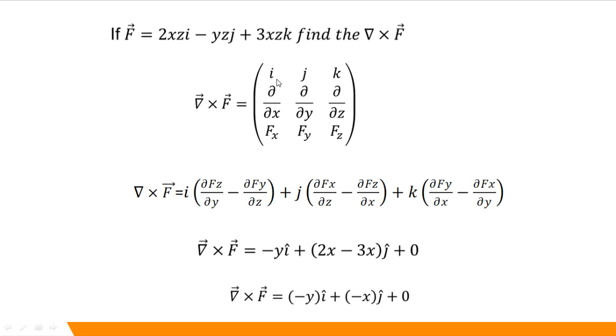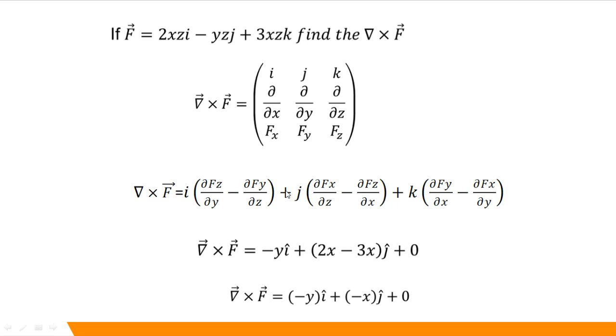So this del cross F, the general equation: i (del F_z by del y minus del F_y by del z). Usually in these matrices you take plus, minus, plus, but I have taken plus here, so I just changed the terms inside. If it is minus, it should come like this: del F_z by del x minus del F_x by del z.